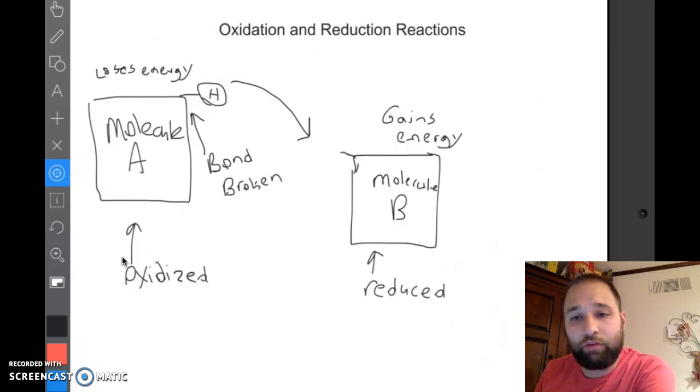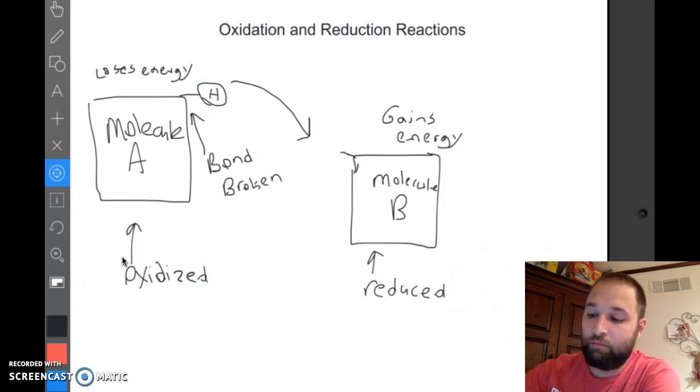It gets a little bit confusing because a lot of times students don't think this is reduced, since we think of reduced as getting rid of stuff, but in this case it's the opposite. So oxidation is when you remove something, reduction is when you gain something.